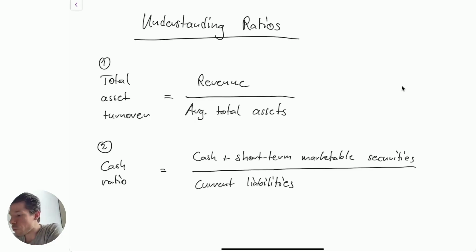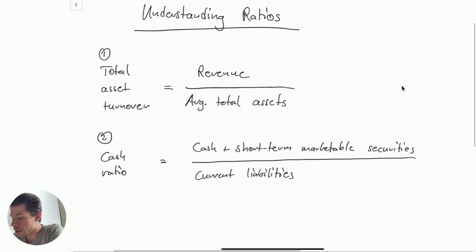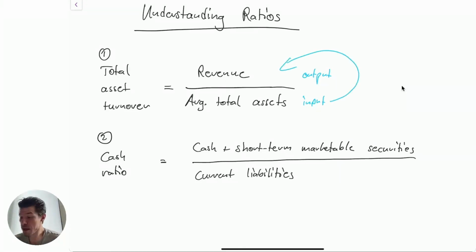The first way of looking at a formula is you take the denominator as input and the numerator as output. So this would be your input, and this is your output, which means you put average total assets into the business and you look how much revenue is generated. This is how you can think about it.